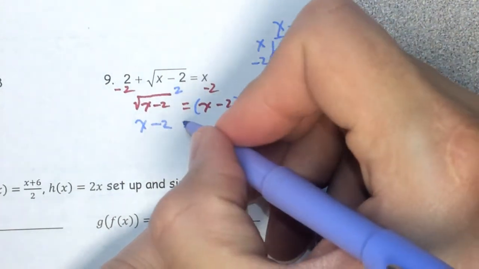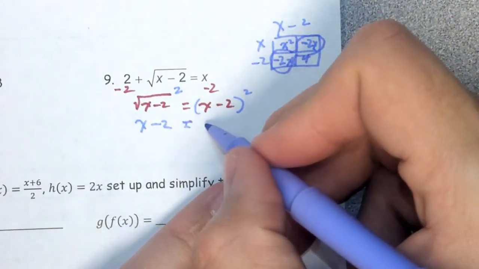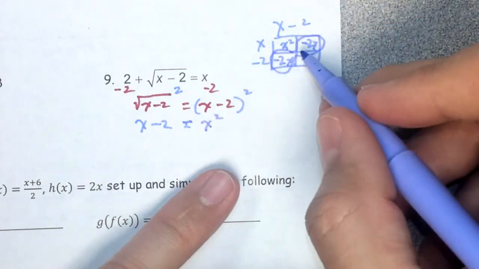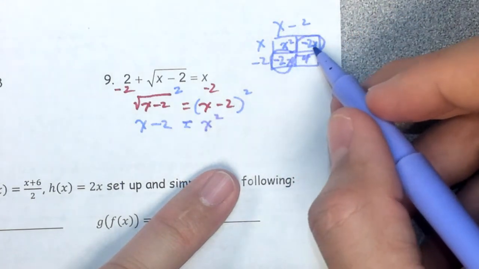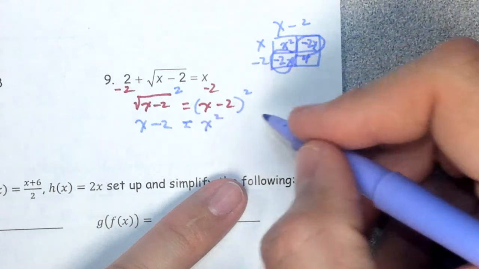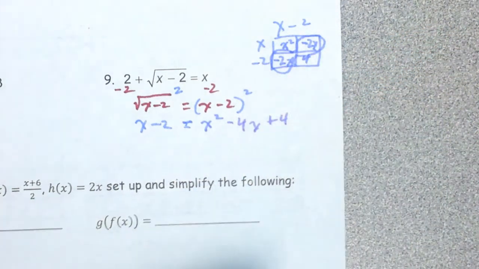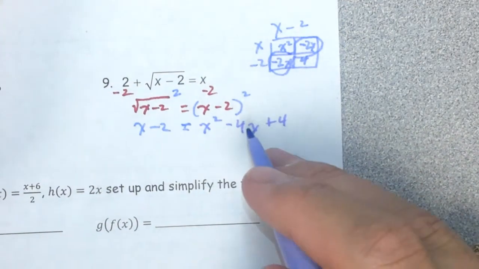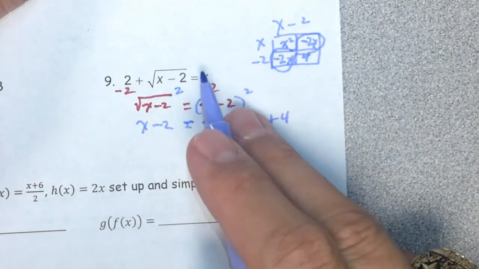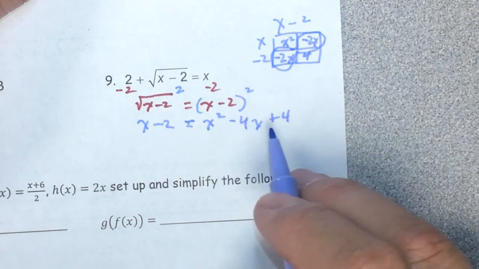So my equal sign here should be x squared. Negative 2x plus negative 2x is negative 4x. And then I have my plus 4. So what's happened is, once I've squared both sides, because I have this extra x in here, I get a quadratic.